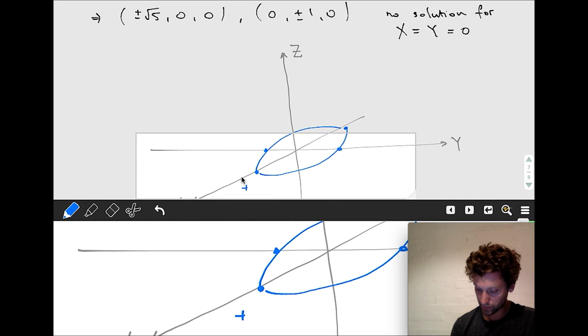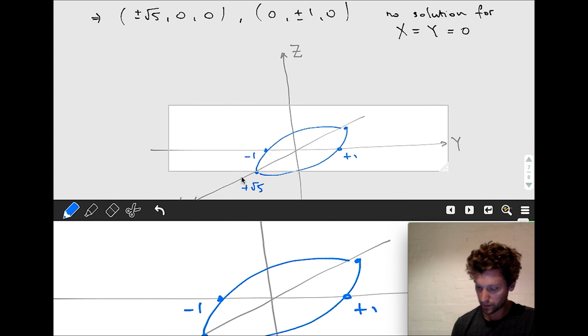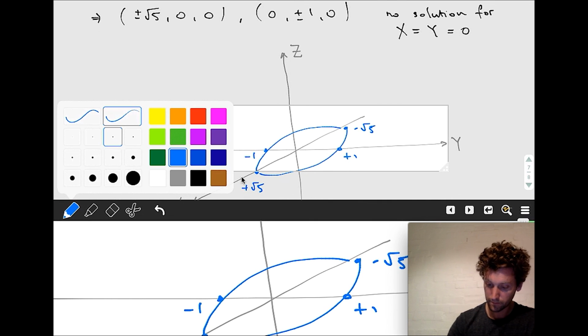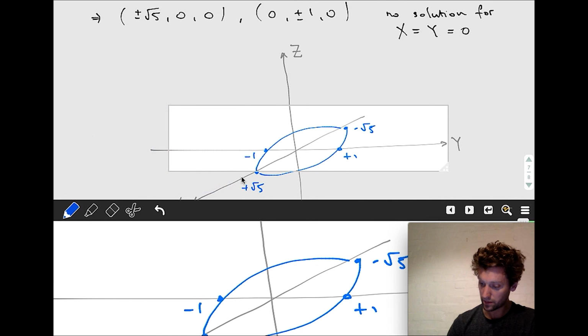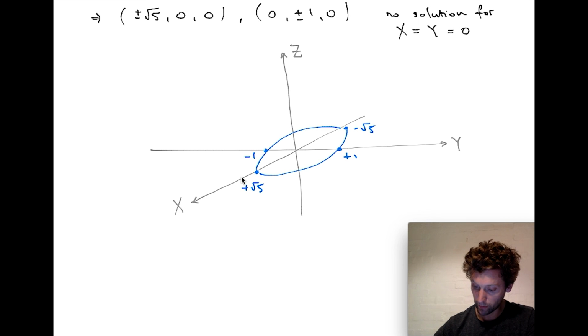So this is plus root 5, plus 1, minus 1, minus root 5. And then this shape is going to be a hyperboloid of one sheet.